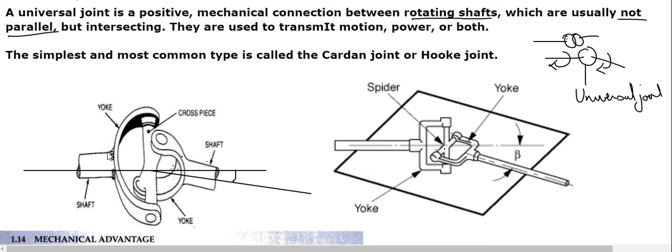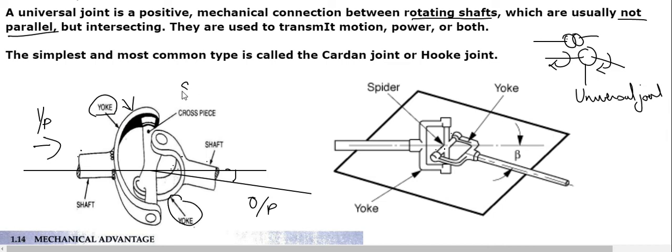So the main components are two shafts which need to transmit power. Normally this will be the input shaft that comes in a horizontal position, and the power is transmitted at an angular position towards the output shaft. The two shafts will be connected by a universal joint, and the universal joint consists of two yokes and a cross member.